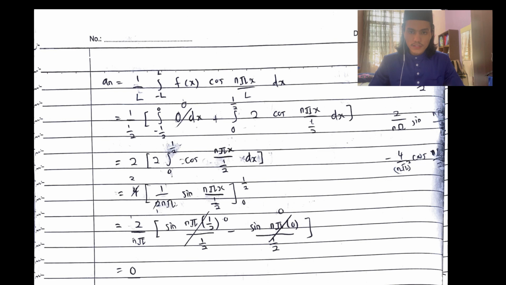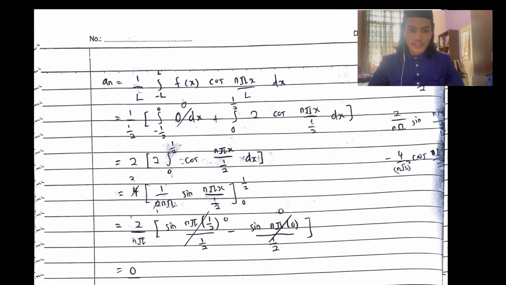The integration of 0 will be 0, and then we pull out the value of 2 in front of the 2 cos(n pi x over 1/2). So 2 times 2 is 4, and then we integrate cos(n pi x over 1/2). We get 1 over 2n pi sin(n pi x over 1/2), and we plug in the limits of the integration.